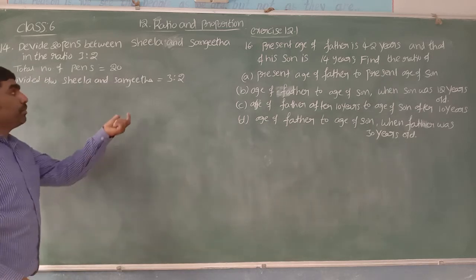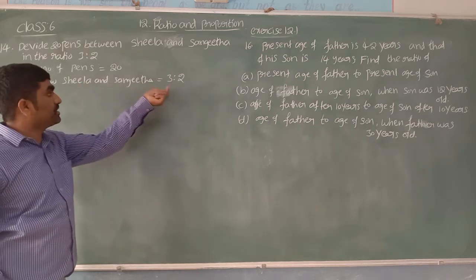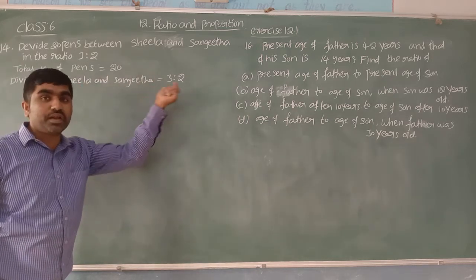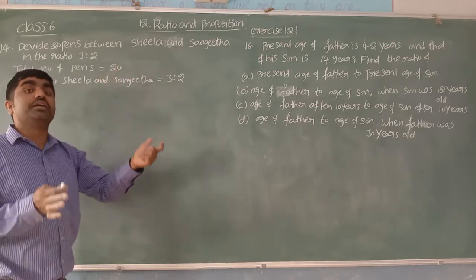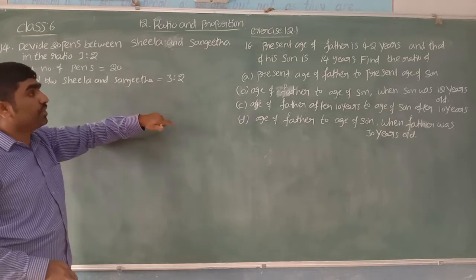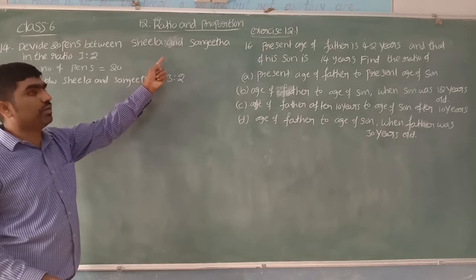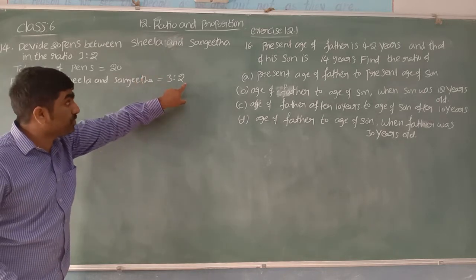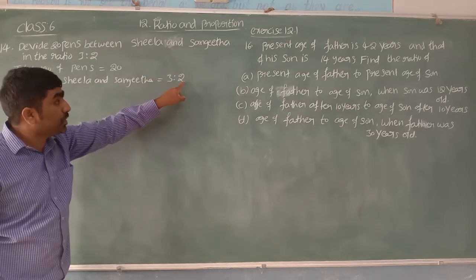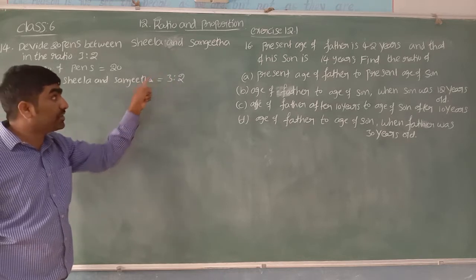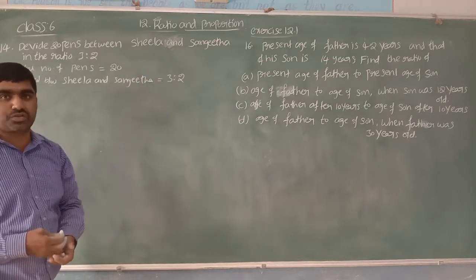Means for Sheila they gave 3 pens, Sangeeta they gave 2 pens. 3 plus 2, 5 pens. No sir, how 20 pens? No. It is a ratio, it is in simplest form. Before the simplest form, in the place of 3 what we had, we don't know. In the place of 2, before simplest form, we don't know. In the place of 3 and 2 there were other numbers. After converting to simplest form they got 3:2.